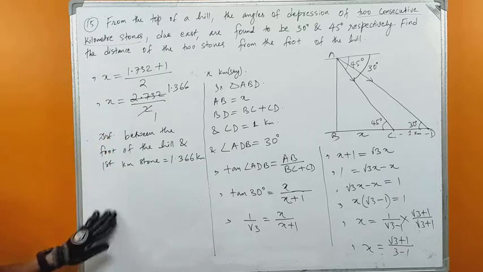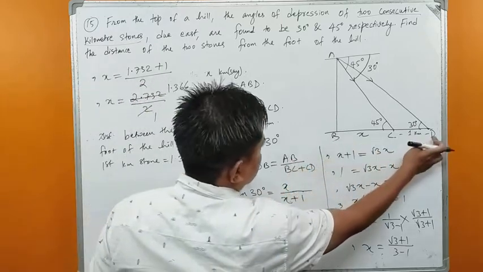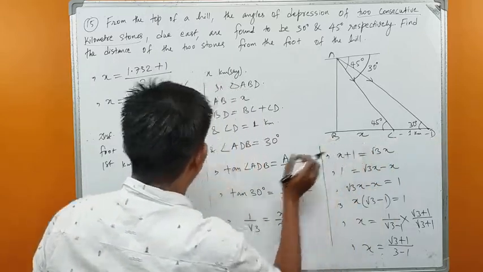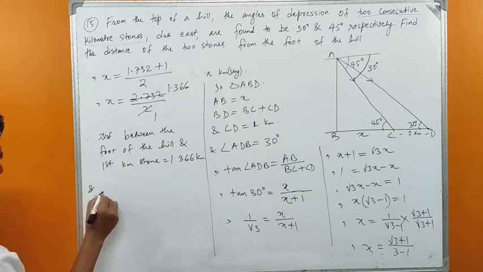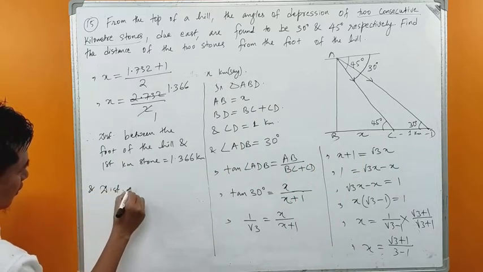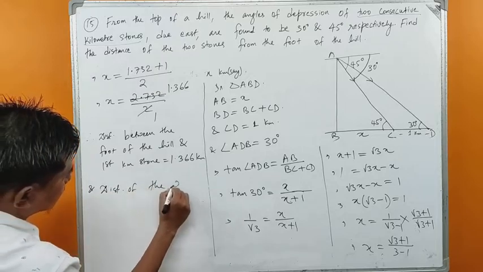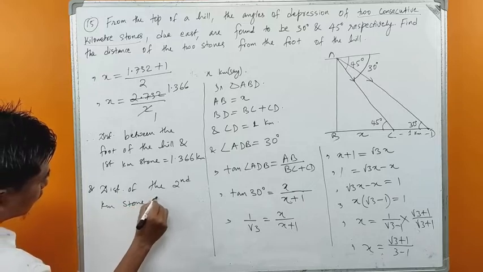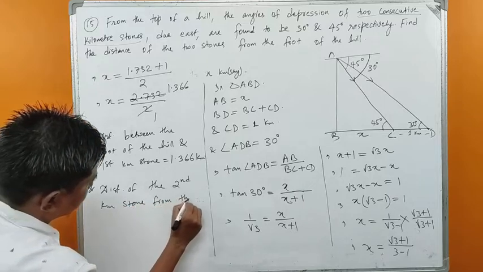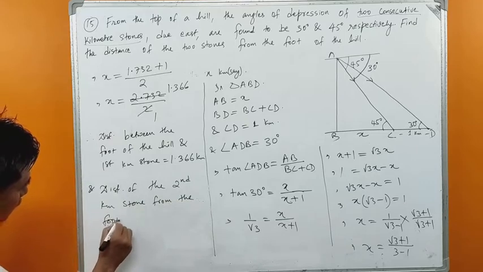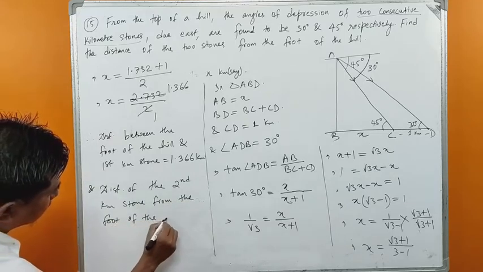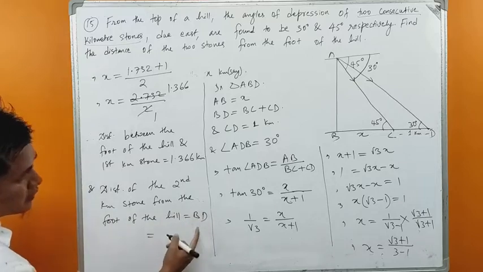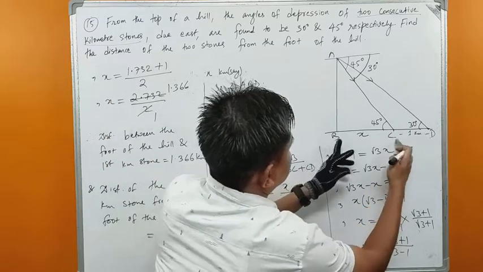What is BD? BD means the distance of the second kilometer stone from the foot of the hill, which equals BC plus CD.